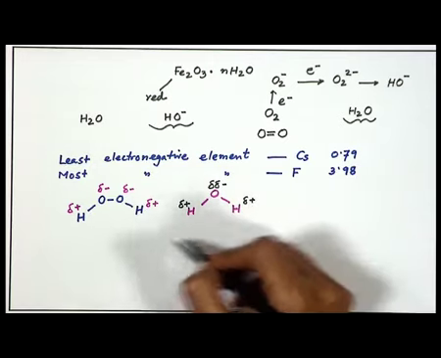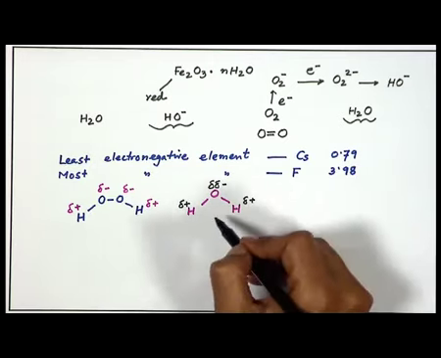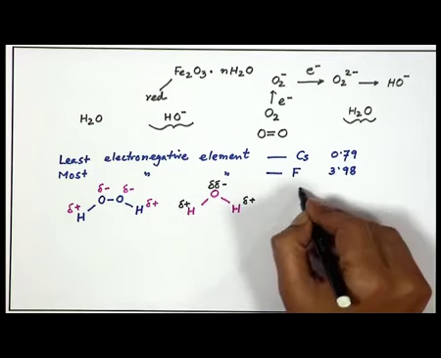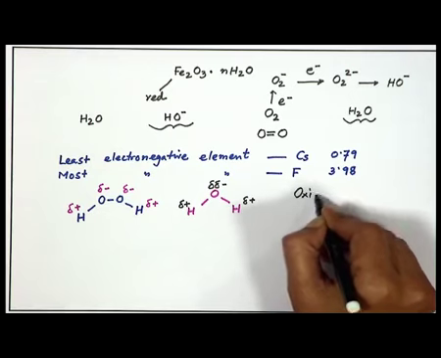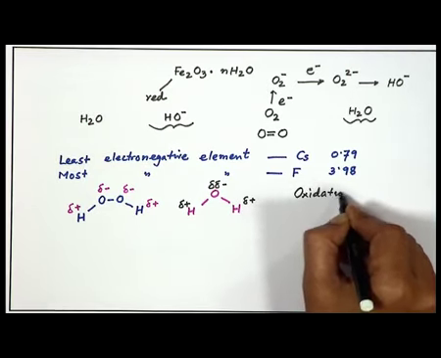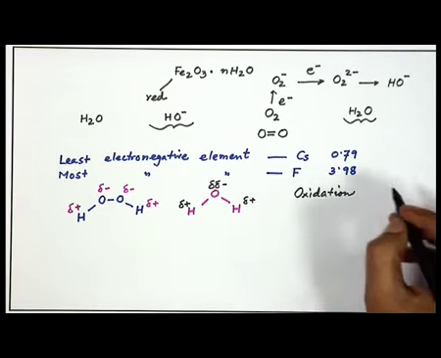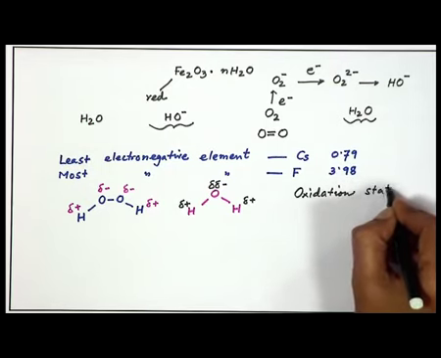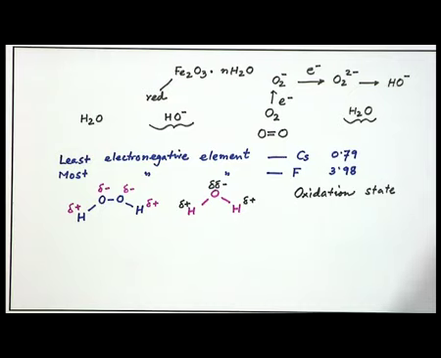But from this situation, due to the partial charge separation, we cannot talk in terms of the oxidation state. But here in this class, we are interested in assigning the oxidation states of these elements.